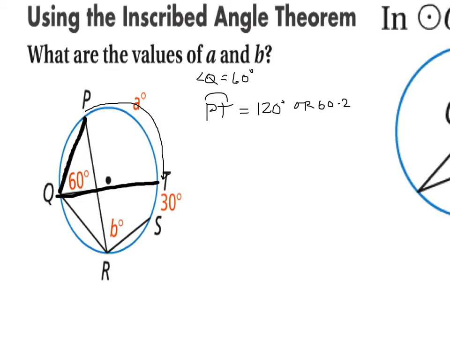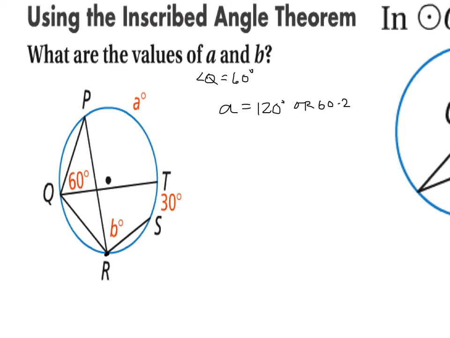All right, now, as we look at letter B, letter B is an angle measure. So again, I'm going to follow the angle. I'm going to use the chords here of this angle.